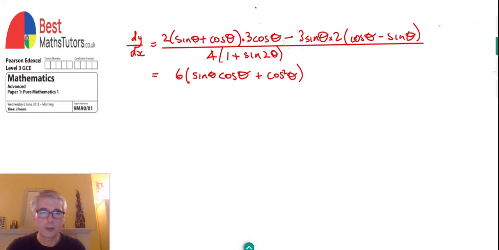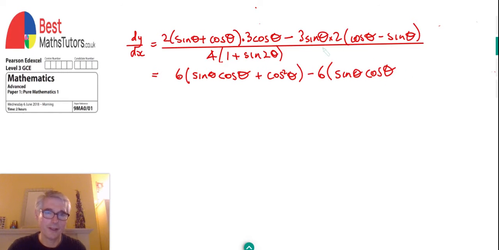And I'm going to do the same here. So we've got the 3 and the 2 and the minus there as well. So it's going to give me minus 6. And then I'm just going to multiply into this with a sine theta then. So I've got sine theta times cos theta is going to give me sine theta cos theta.